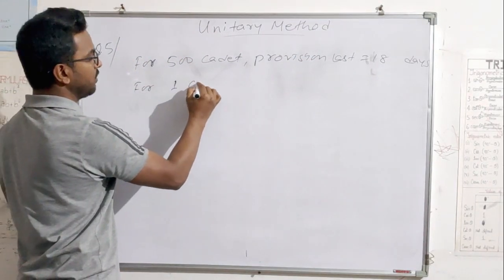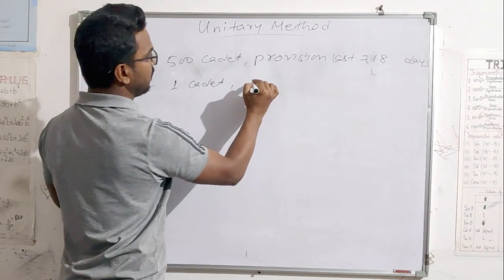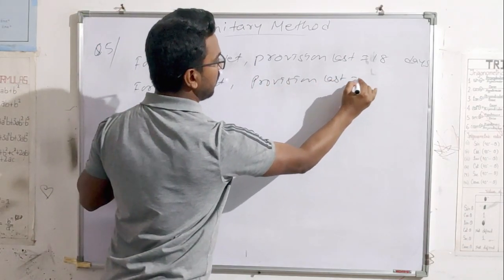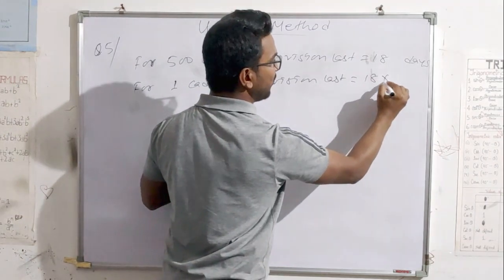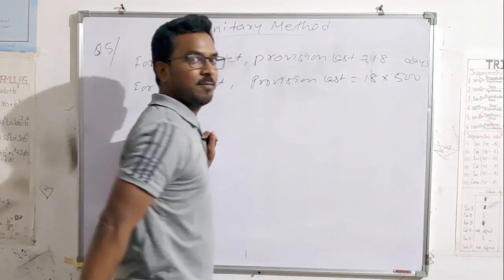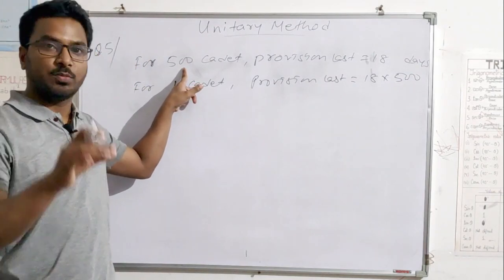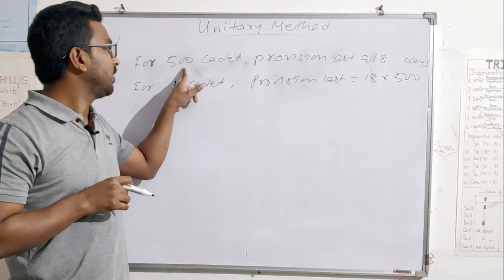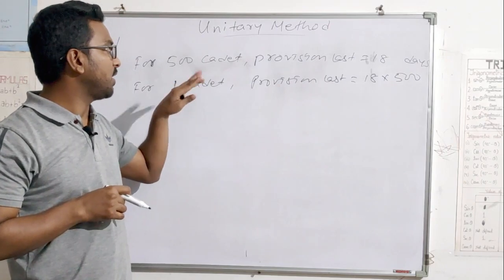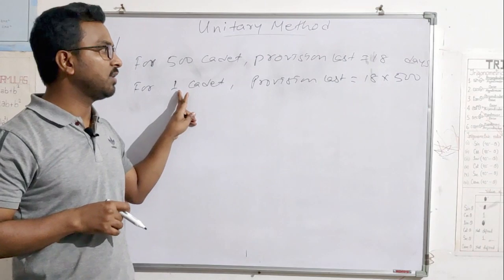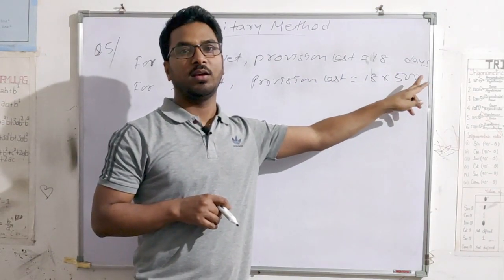For one cadet, provision lasts equals to 18 into 500. See, suppose there is some amount of food, that amount can be finished by 500 people in 18 days. If there is only one cadet, then it will be multiply, right? Isn't it?